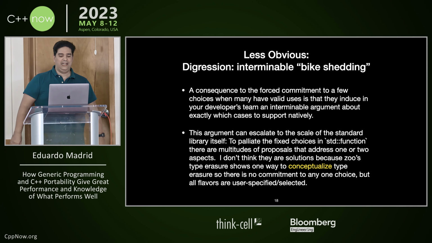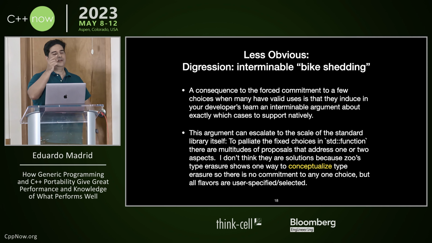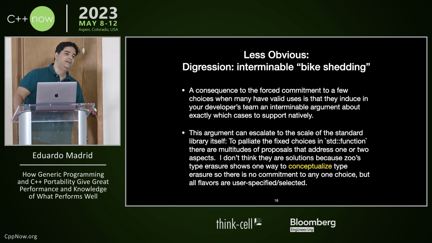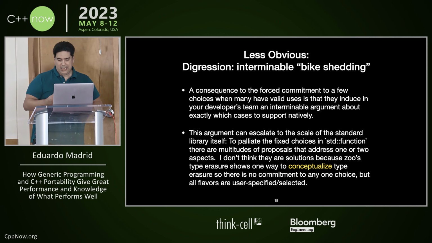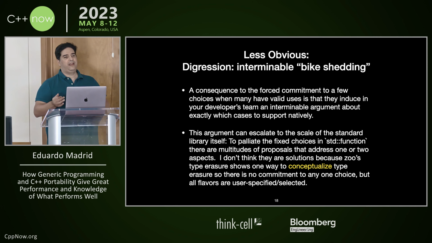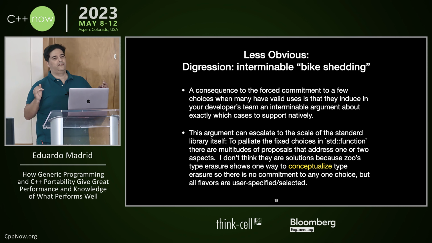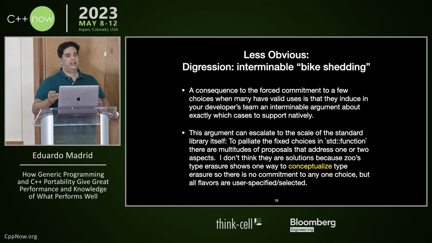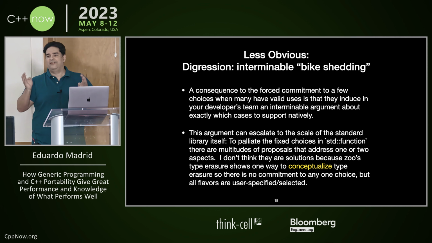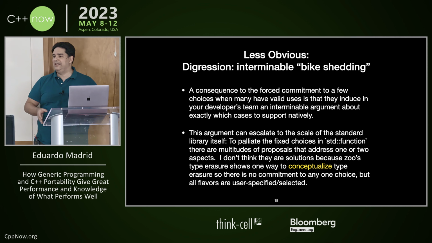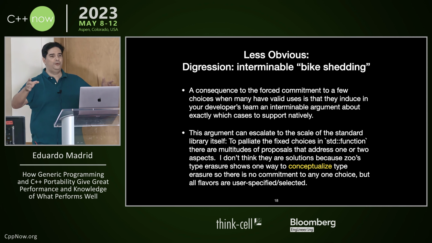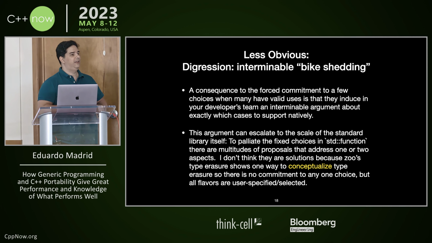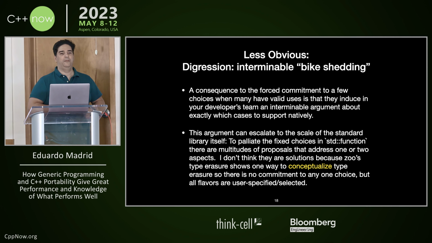So moving on from the less obvious, the example of what you asked, by the way, may I know your name? William. William is a very good point, because ever since a standard function, well, even before, when Boost function was incorporated into Boost, there has always been a bike-shedding discussion on what are the true sizes for the alignment and the internal buffer for them, okay?